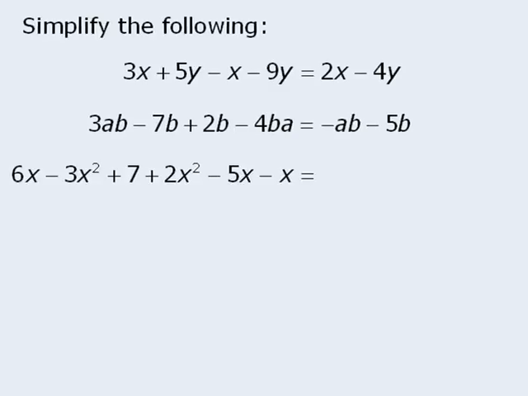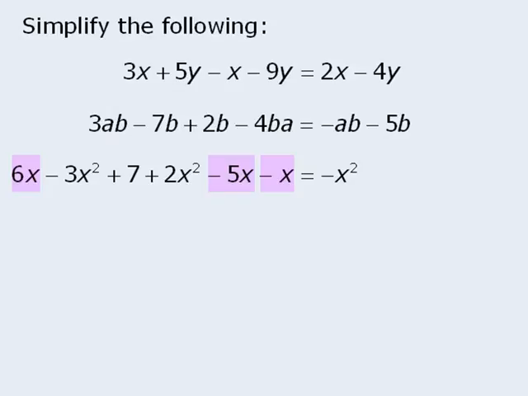For this last one, let's first collect the terms with x squared. So here we have negative 3x squared, and we're going to add 2x squared, which equals negative 1x squared, or simply negative x squared. Next, we will collect the x terms. We have 6x minus 5x, which equals 1x, and then we subtract 1x, which leaves us with 0 x's.